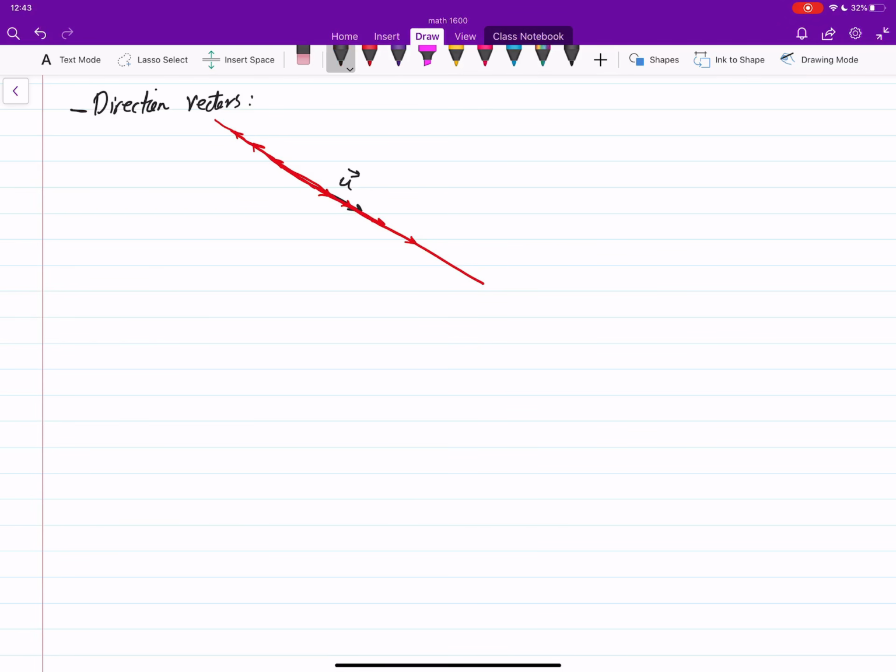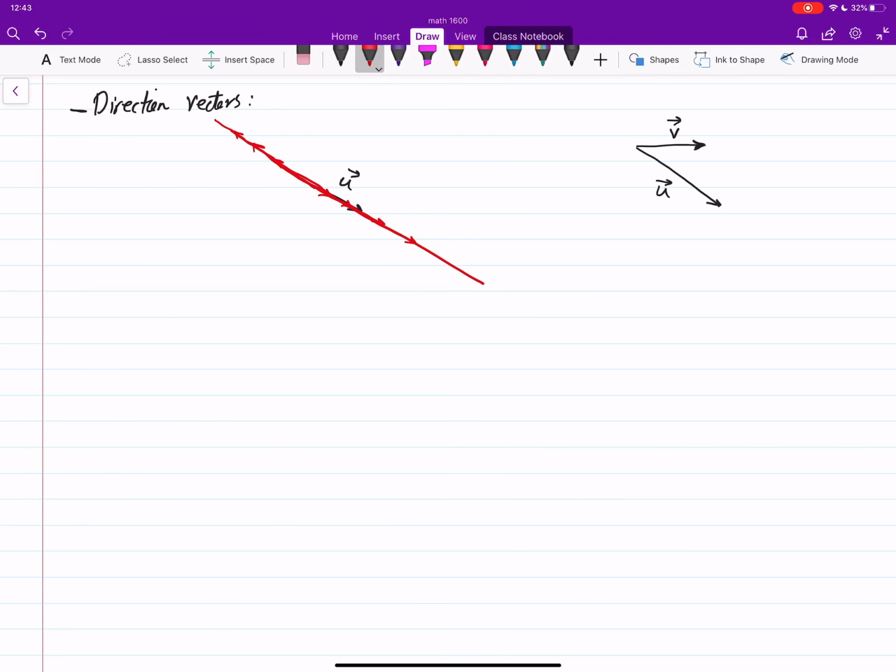In R3, what we need is not just one, but two vectors, and not just multiples of these, but any linear combinations.